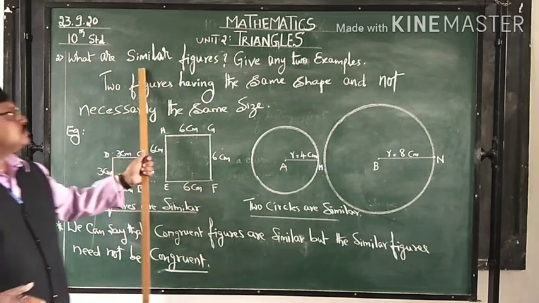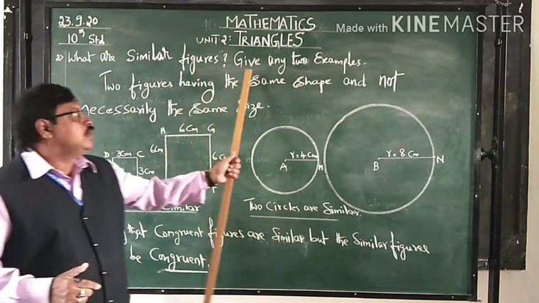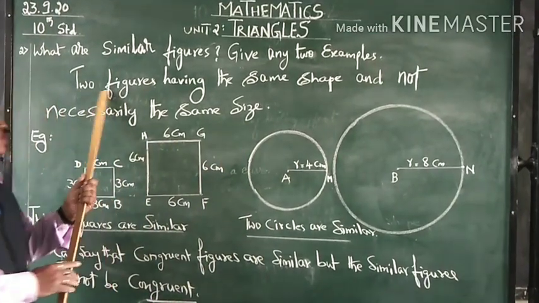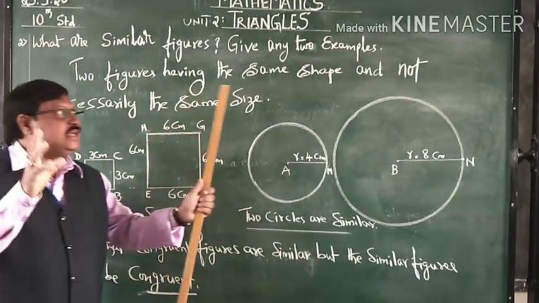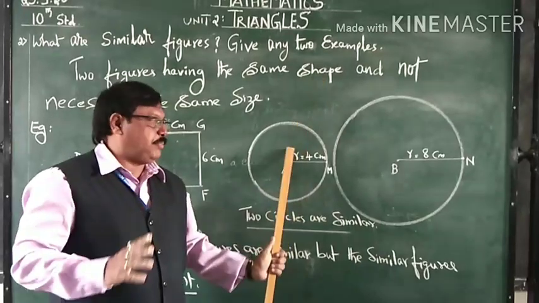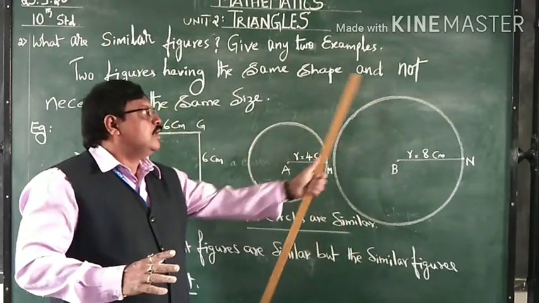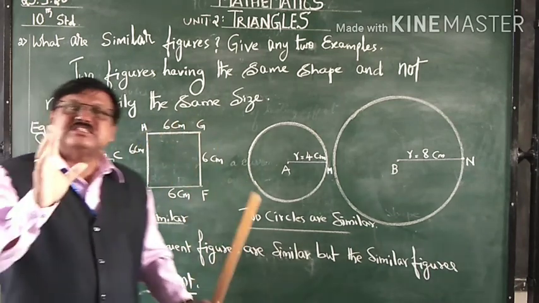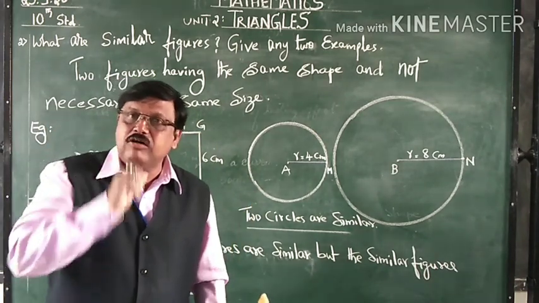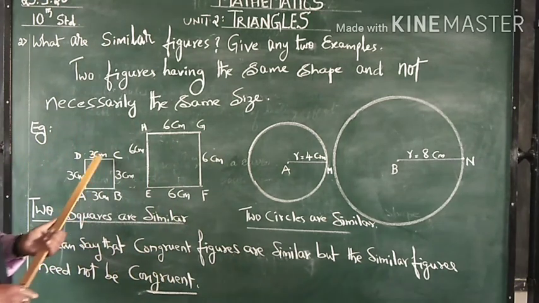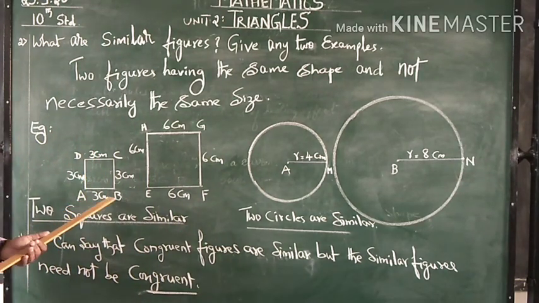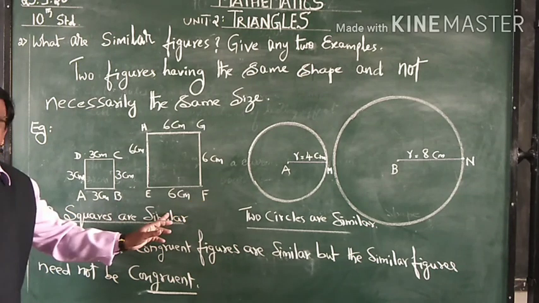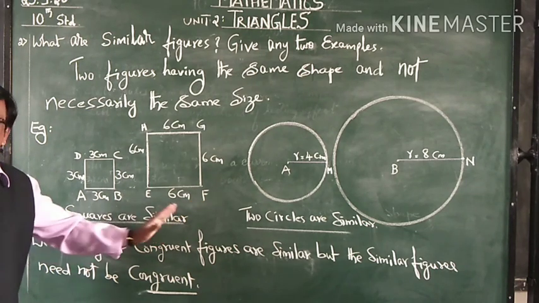What are similar figures? Give any two examples. Two figures having the same shape and not necessarily the same size. You have to see the meaning of this. Example, AB, EF, they are not equal, corresponding sides.